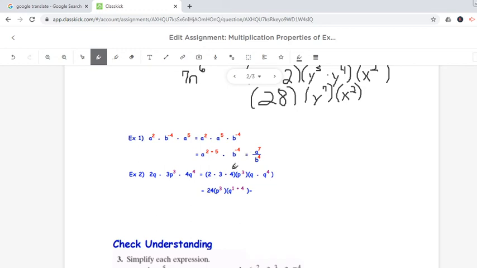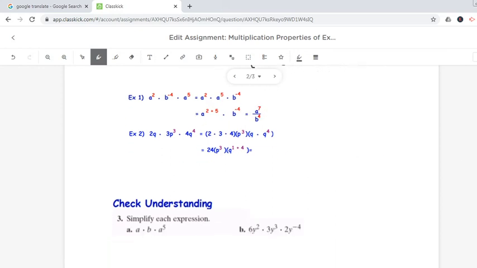Equals, now 2 plus 5 equals 7, and this is positive, so we put it in the numerator. And this is a negative exponent, so we put it in the denominator, and we change the sign from negative to positive. All right, so then it becomes this right here.